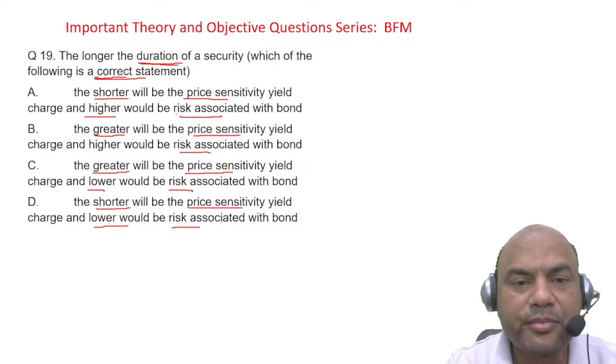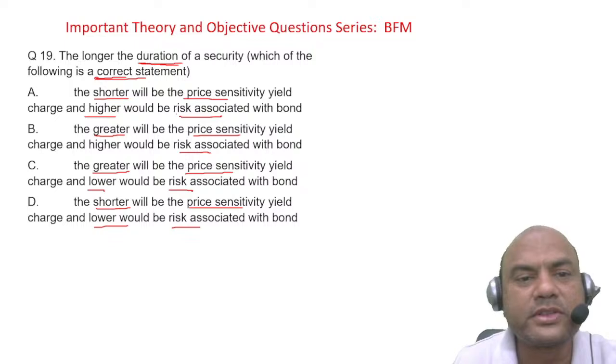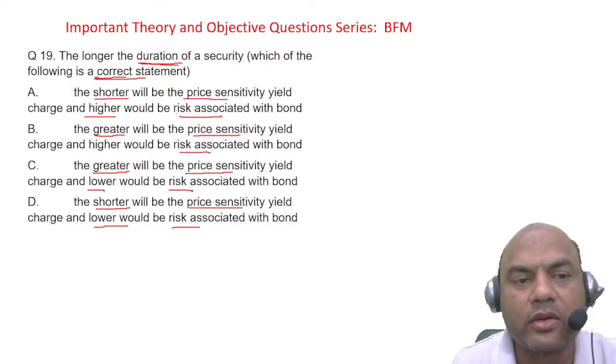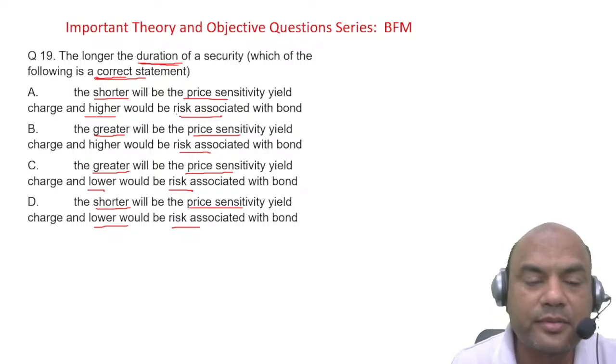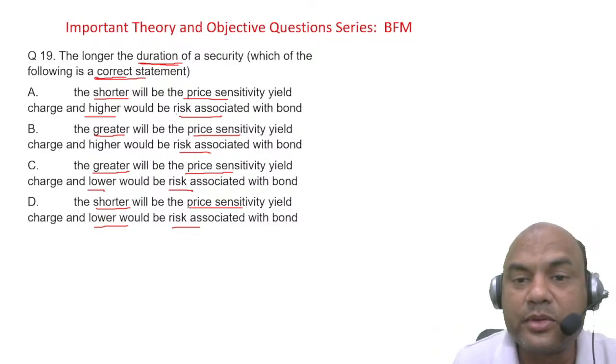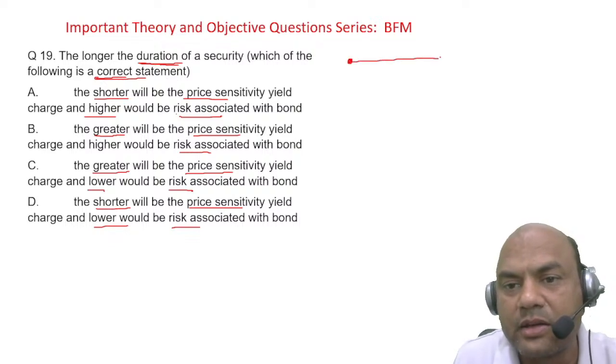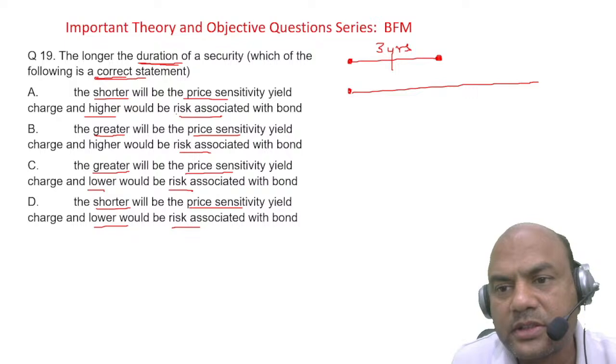Okay, let me explain you some part. Duration is longer. What do you mean by duration is longer? The time horizon is longer. See here, one bond is of the period of 3 years, and other bond is of the period of, let's say, 10 years.